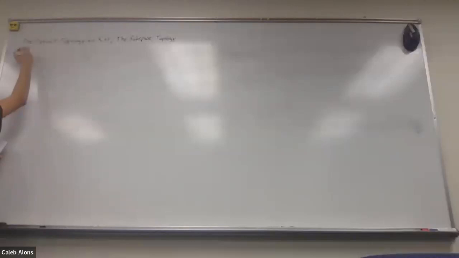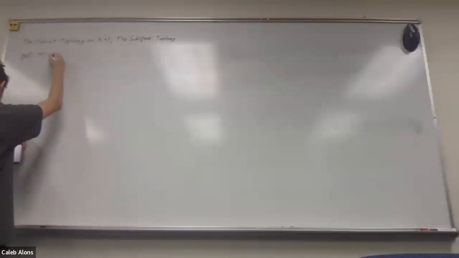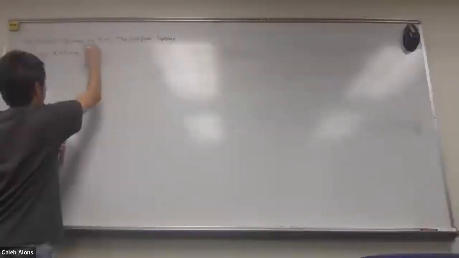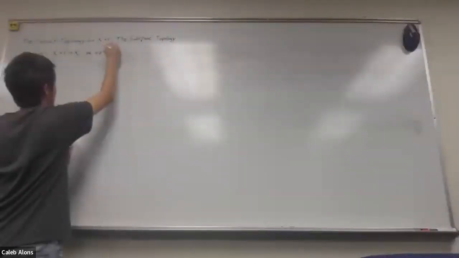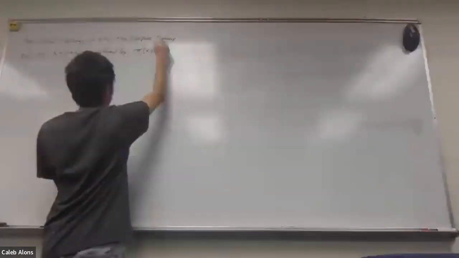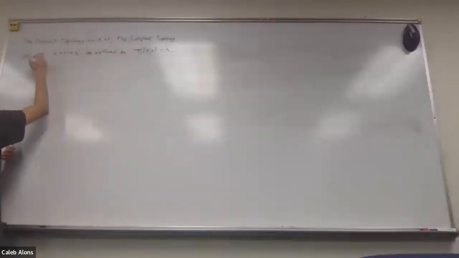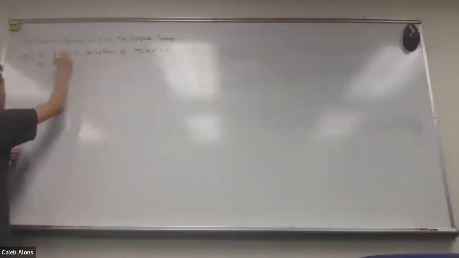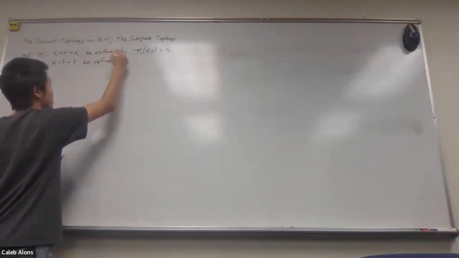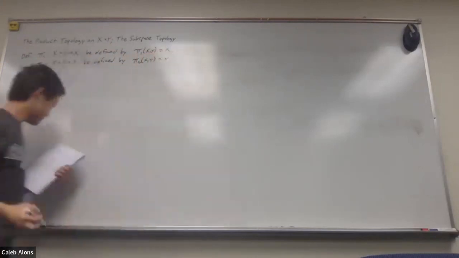So we can define P1 from X cross Y to X, defined by P1(x, y) gives x. And then we'll say P2 from X cross Y to Y is defined by P2(x, y) gives y.